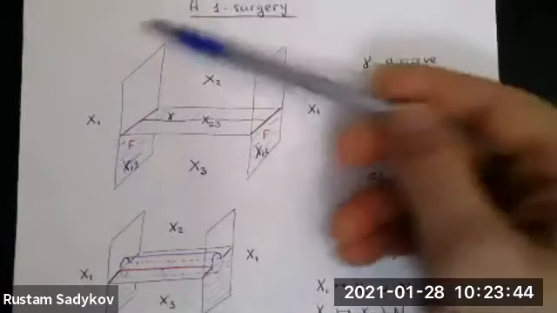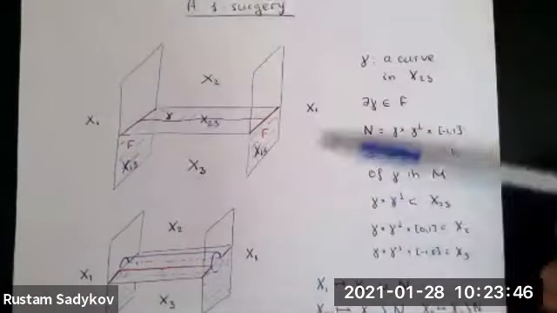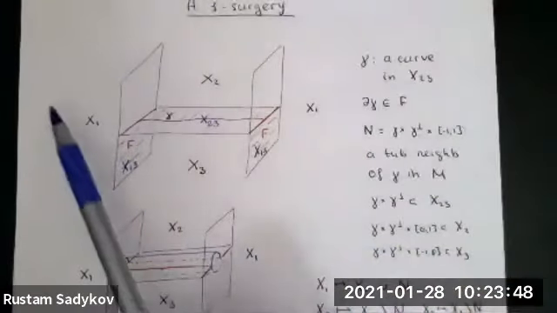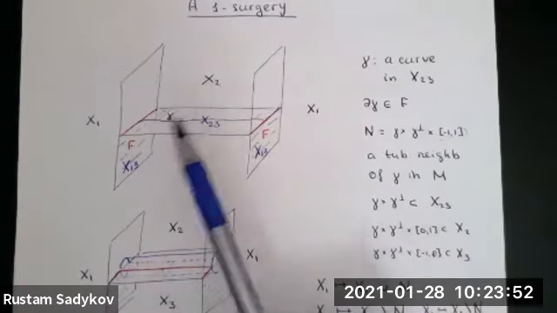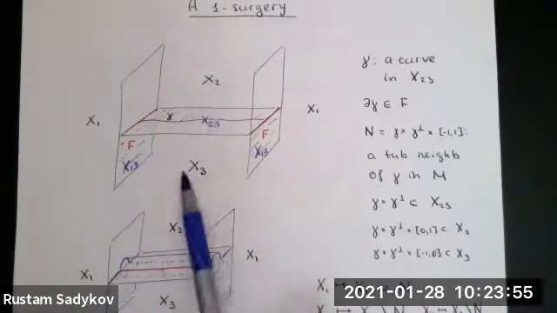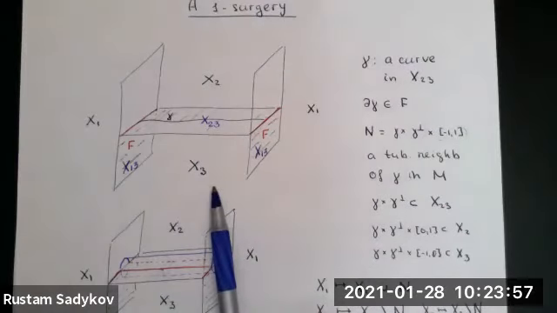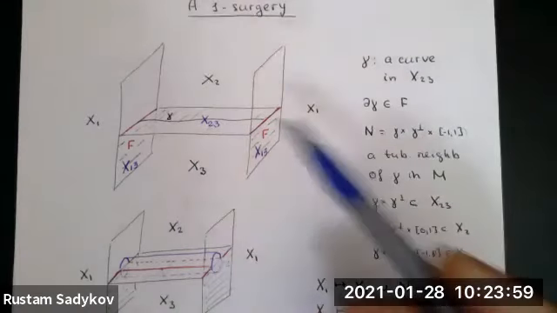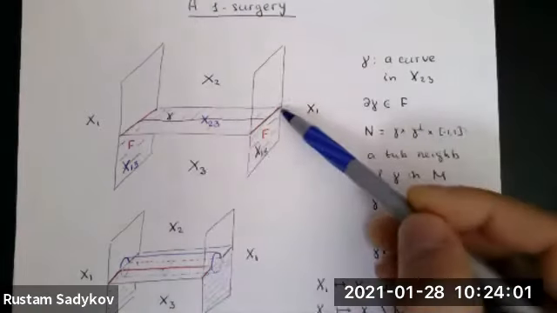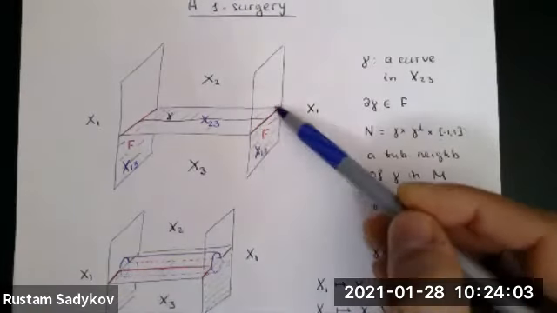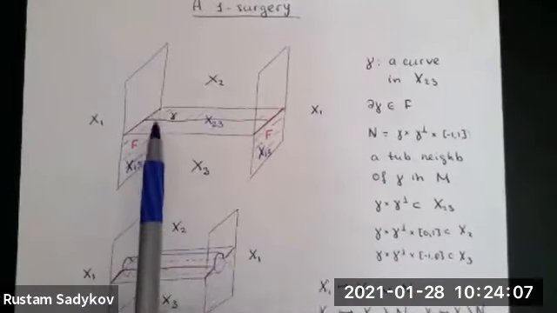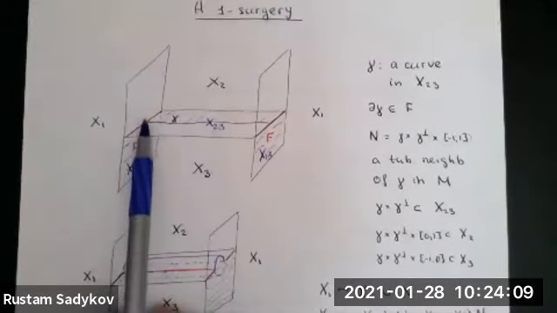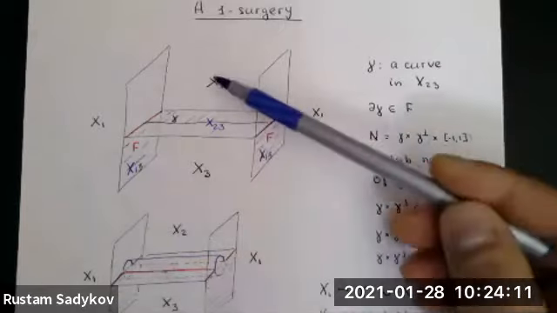Suppose you have this 4-dimensional manifold M, and it is cut into 3 pieces, X1, X2, and X3. Here's our surface F. Drawn here it is 1-dimensional, but it's actually 2-dimensional. To define one surgery, we choose a curve in the intersection of X2 and X3.